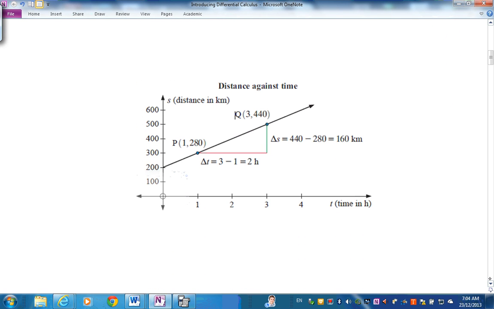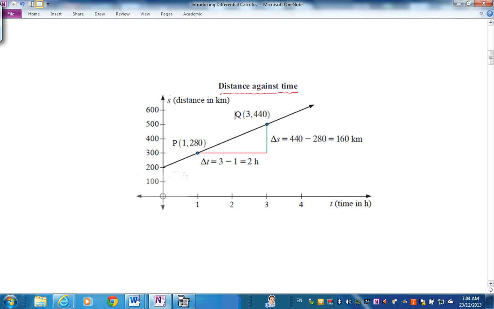Newton was a physicist, very wrapped up in motion problems: Newton's laws of motion, as you might remember, and the gravitational law as well. So he was plotting distances travelled by a body against time, and we've done some of this in junior maths.